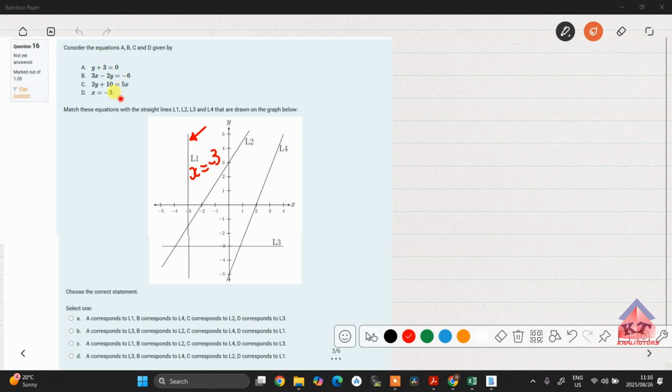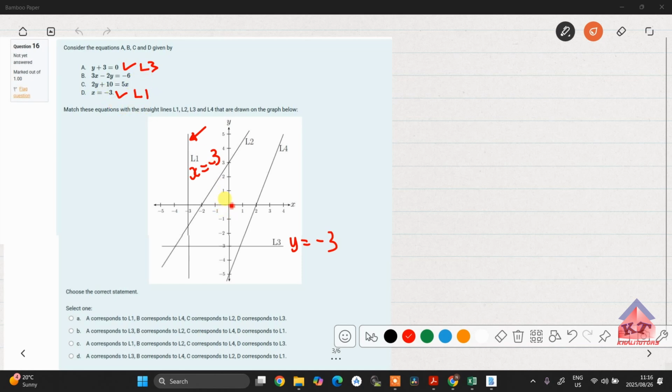If you look at the horizontal line, you can see that y is always equal to minus 3 as well. So in terms of which corresponds to which, you can tell that L1 corresponds to D and L3 corresponds to A.